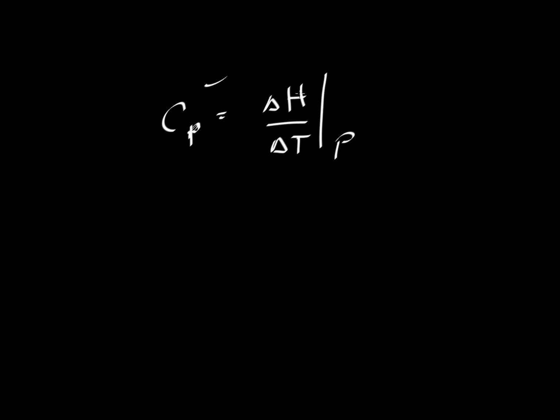But sometimes you will see instead C sub V. Now this is something different. It is not the same as heat capacity at constant pressure. This comes from looking at the internal energy, and the internal energy of a system is TdS plus PdV.